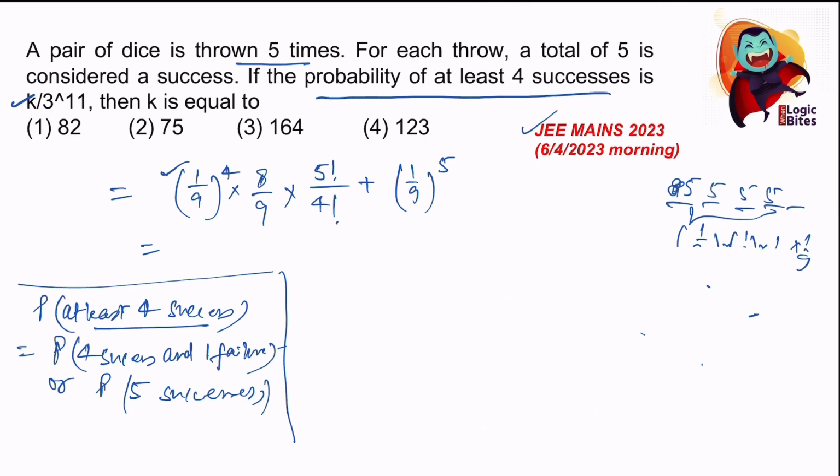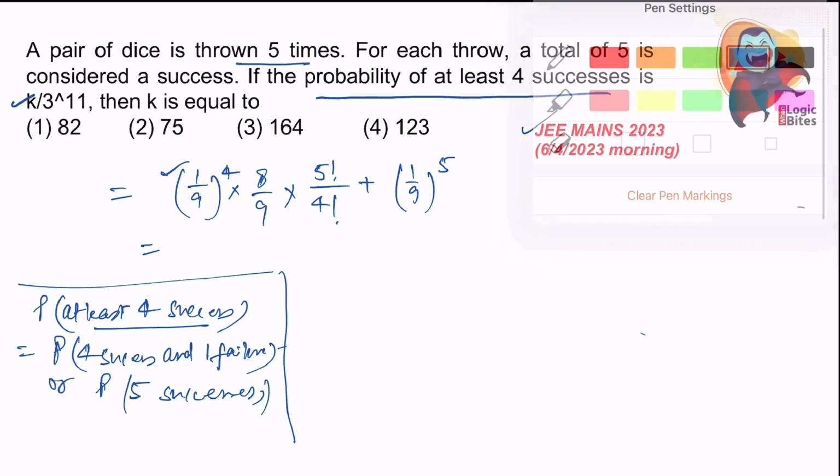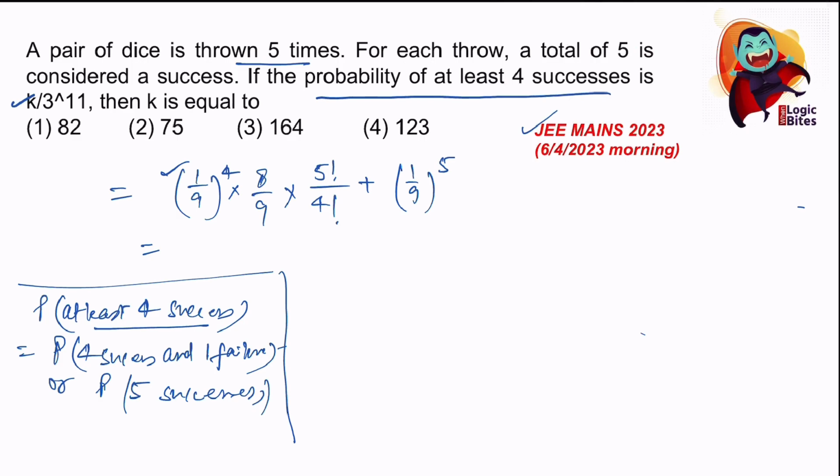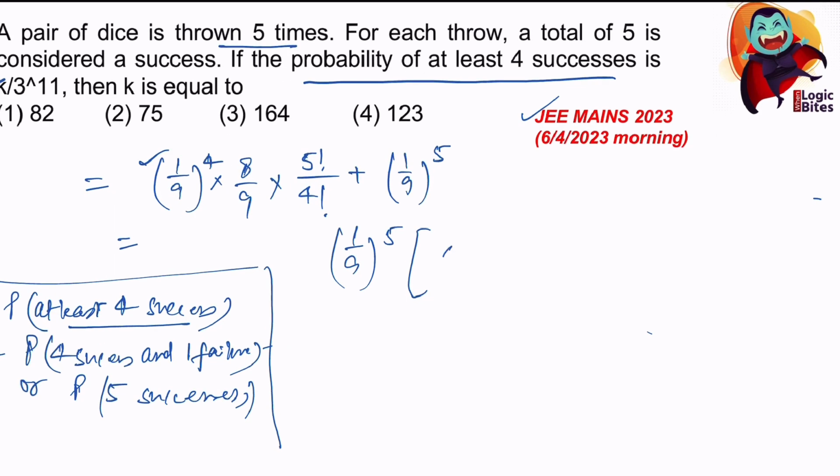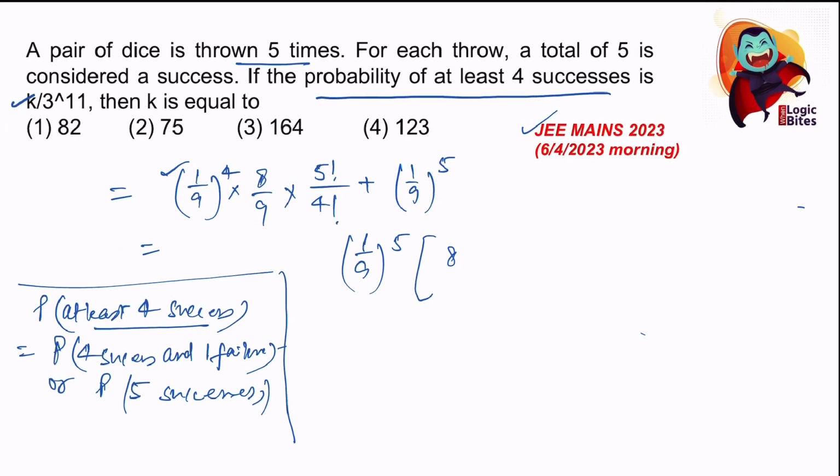So yeah, this number we can find. We can take 1 by 9 to the power 5 as common. So what will we be left with? We will be left with 8 into 5 plus 1. And this says this probability is equal to k divided by 3 to the power 11.